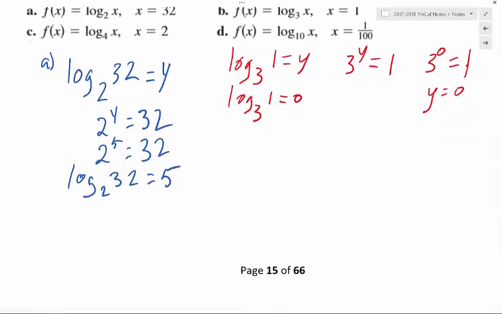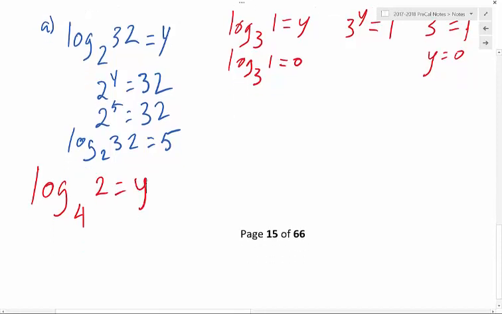Okay? So log base 4 of 2 equals what? So 4 to what power will equal 2? Well, I know 2 squared is 4. And I know the square root of 4 is 2.